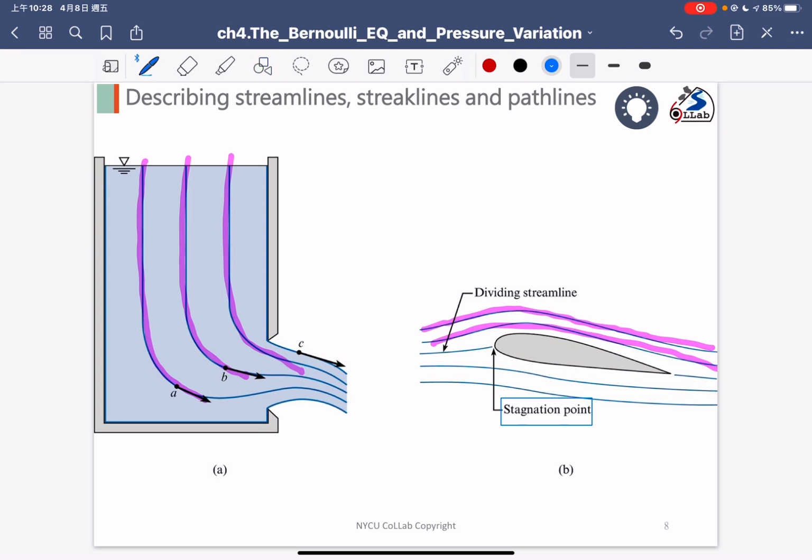We will discuss how large the velocity is at this point, and what the pressure is at this location. Stagnation is a very important point for our fluid problems. So in this chapter, I will answer how large the velocity and the pressure are at this point.